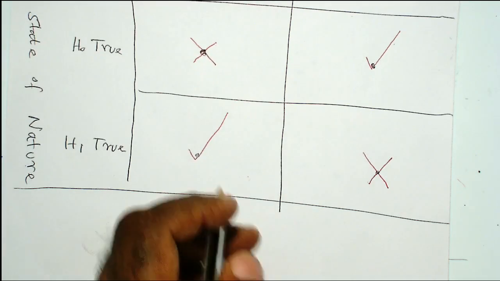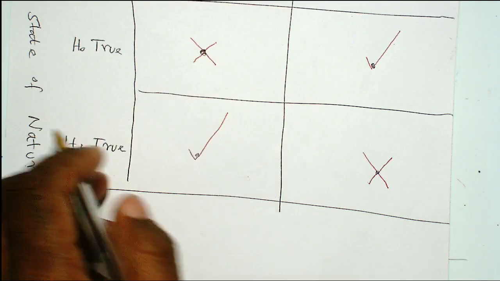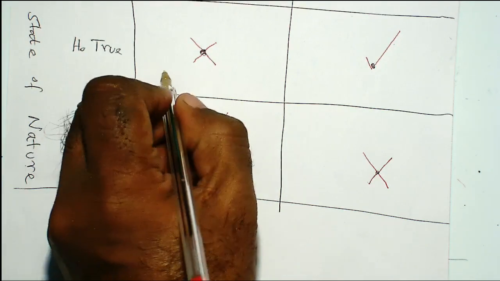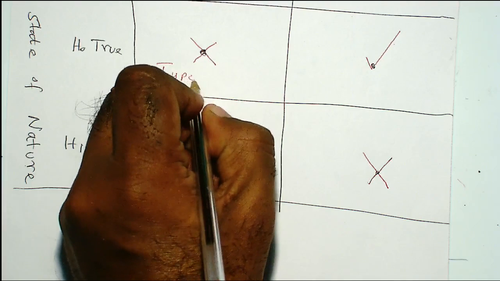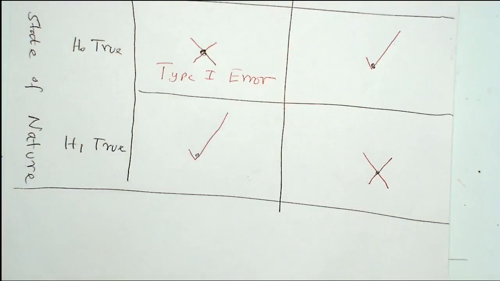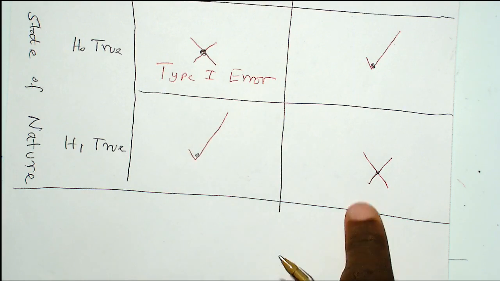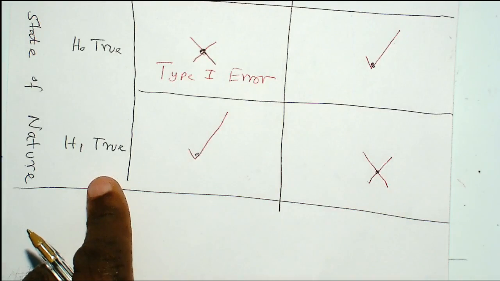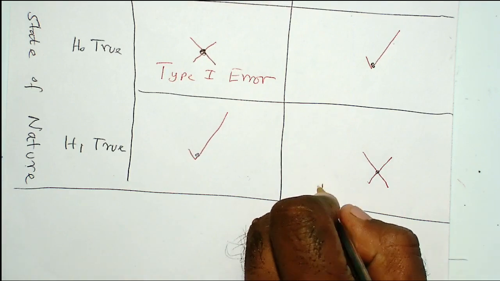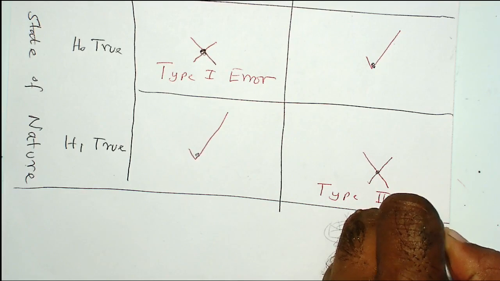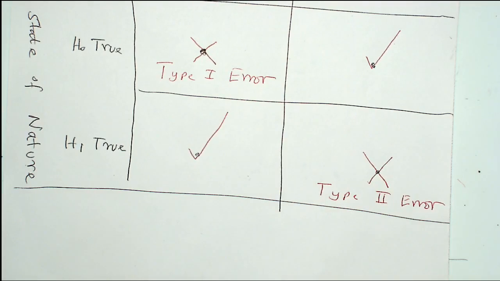Now, this outcome, where you reject H0 when H0 is true, is known as the type 1 error. And this outcome, where you accept H0 when H1 is true, is known as the type 2 error.